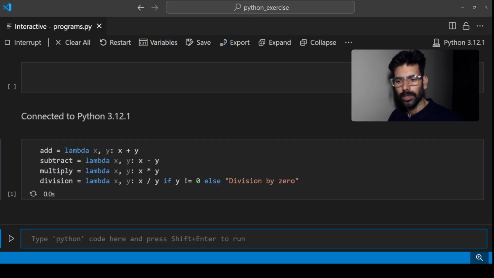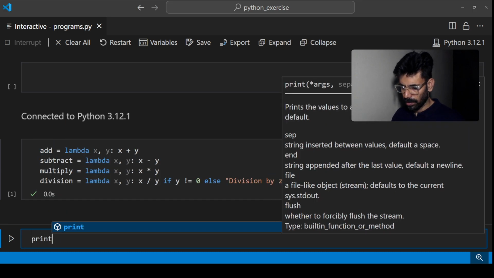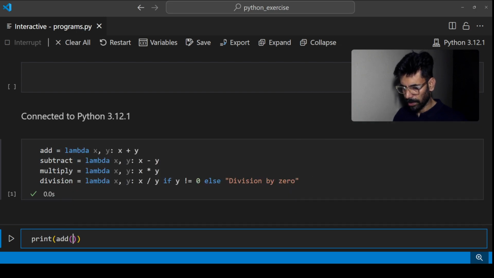Okay, so let's call these functions. Print add 5, 4.